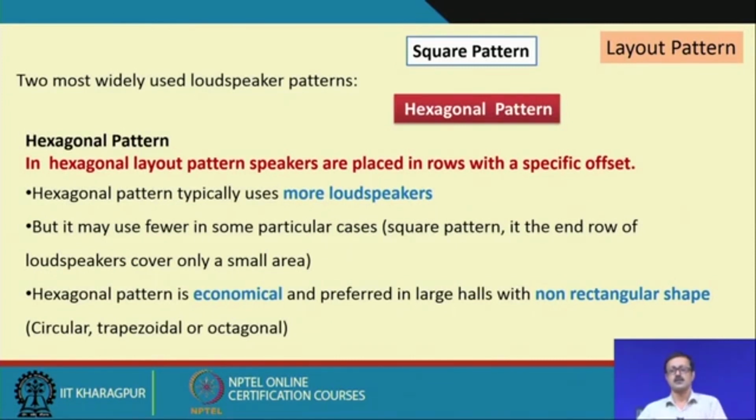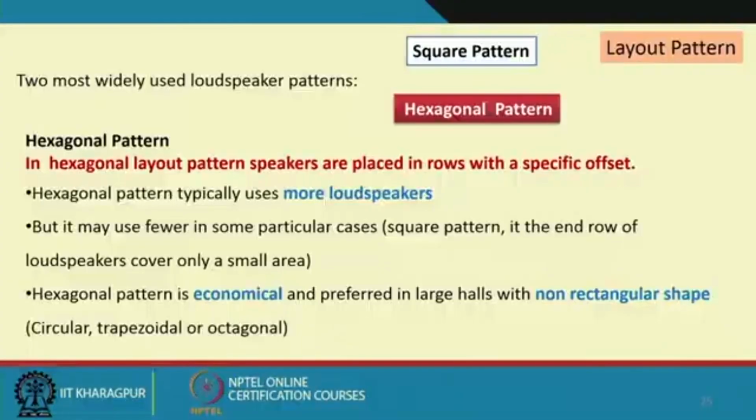Now, let us discuss the hexagonal patterns. In the hexagonal patterns, the rows of a specific line and the next rows have some kind of offset with each other, and in hexagonal spacing you require more loudspeakers. But with a square pattern of the loudspeaker system, in some end rows or edge areas, there may be some kind of coverage problem.